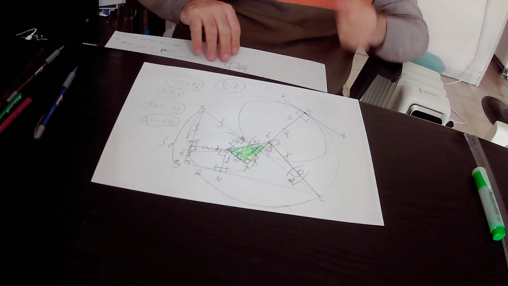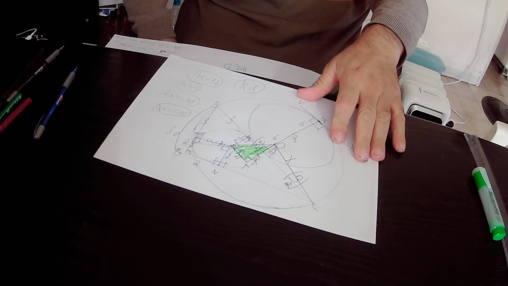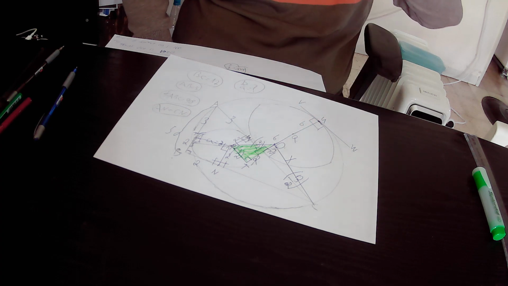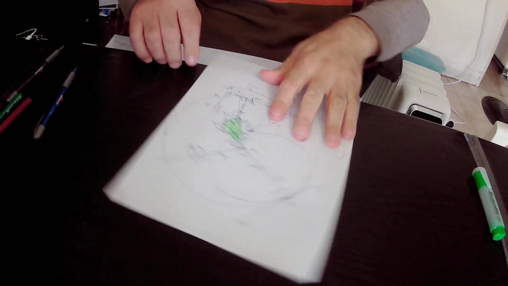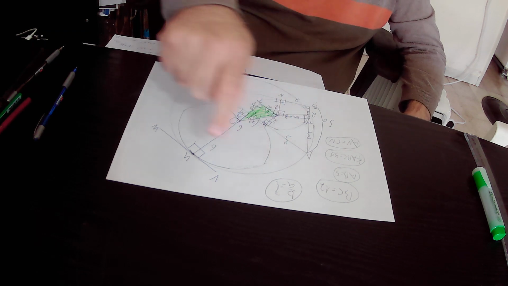Okay, and in the next step we define the center of the biggest circle as O, and here point O is the center of the biggest circle.